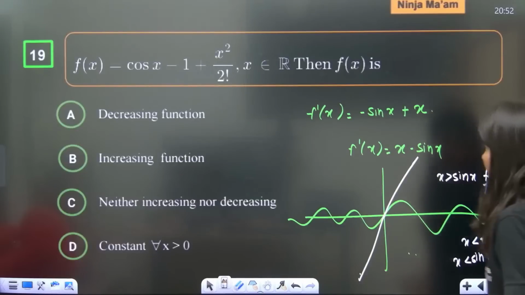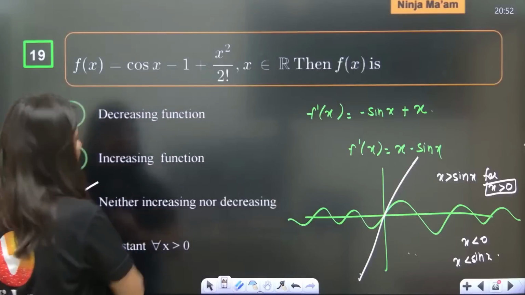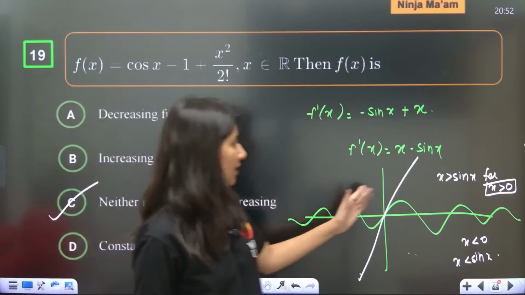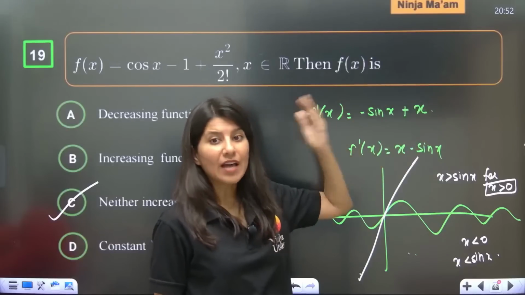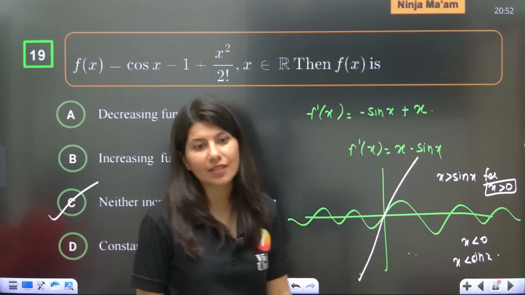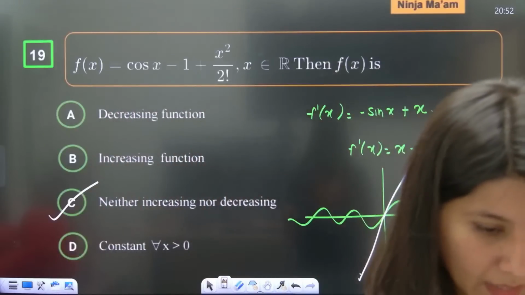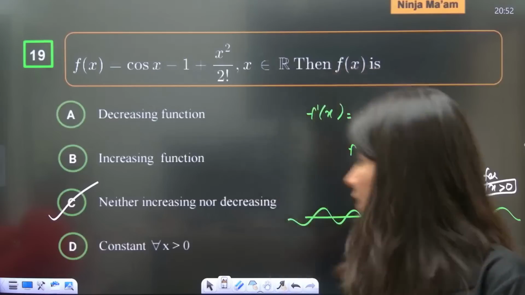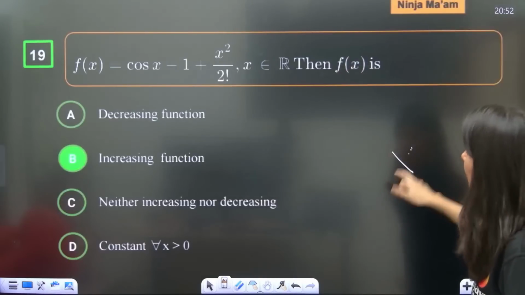That means your x minus sin x function is neither decreasing nor increasing. f dash x is greater than 0 for positive x, but f dash x is less than 0 for negative x. Okay, so option C is correct. Over here, this is actually incorrect.